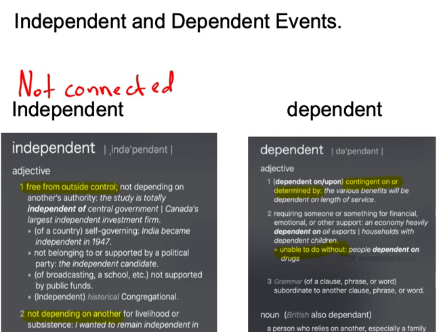Dependents get claimed on somebody else's taxes. An independent person is free from outside. Well, they're not completely free. They're not dependent on another. Everyone has some sort of dependence on something. But anyway, the main thing about dependent is determined by something else.